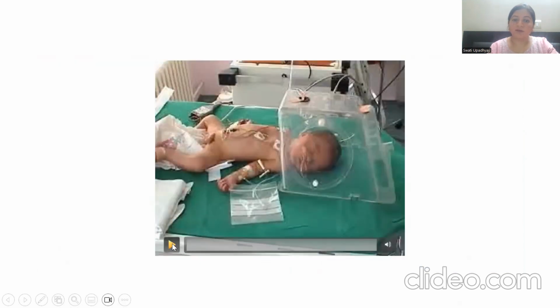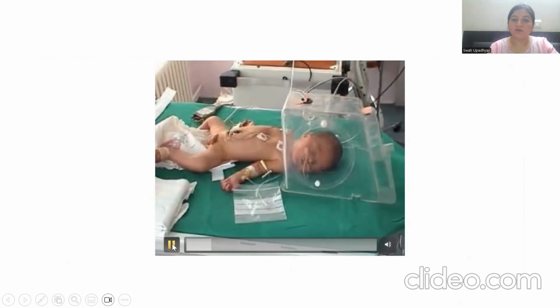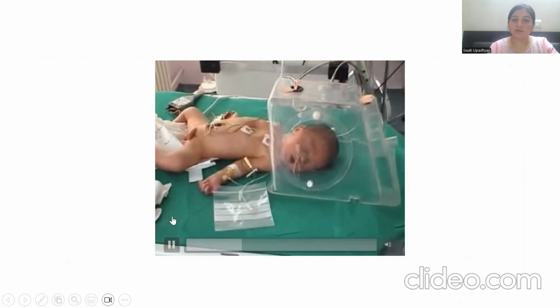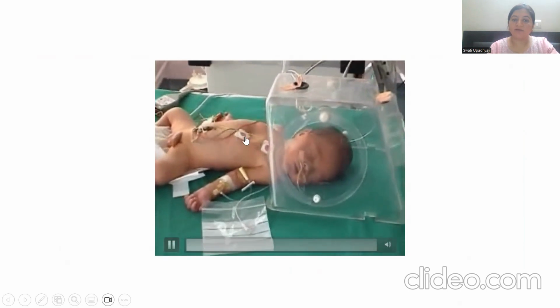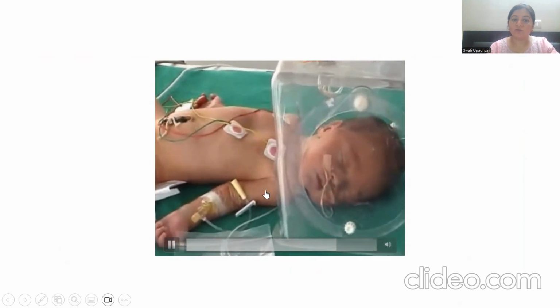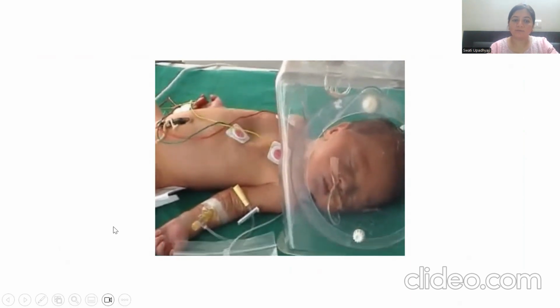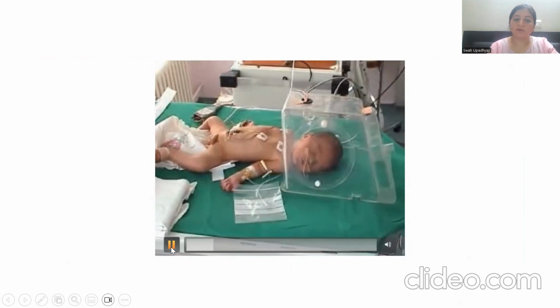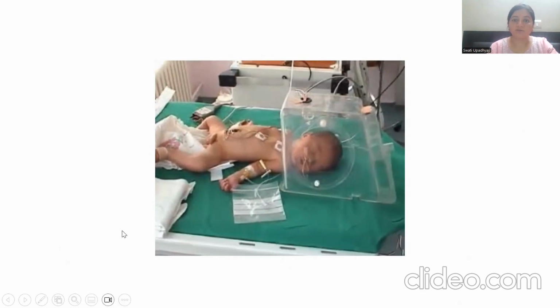Again, this is a baby having severe sternal retractions, severe respiratory distress. There is head bobbing, there is sternal retractions, subcostal retractions, and there is seesaw movement. So all these babies require urgent attention and intervention.